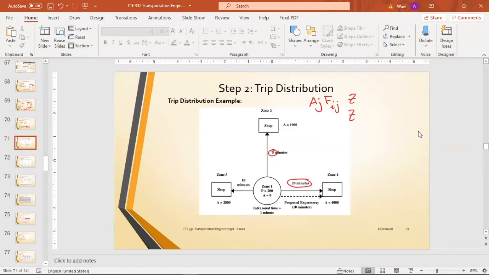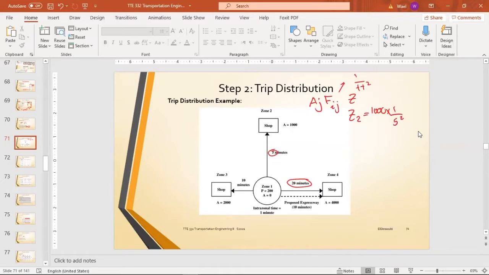For zone 2, the attraction is 1000 multiplied by Fij, which is 1 over travel time squared. So what's the travel time? 5. It's multiplied by 1 over 5 squared.